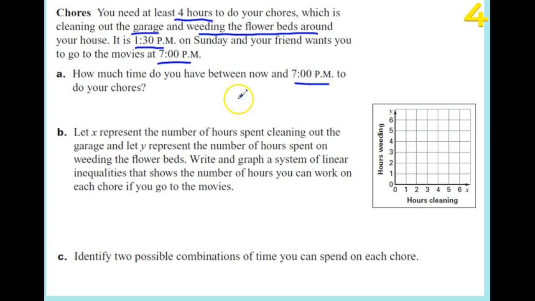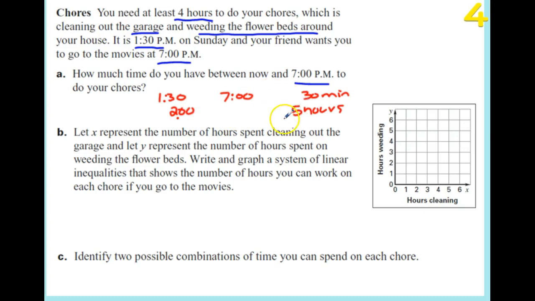to do your chores? Well, if you think about it, if it's 1:30 right now, and we have to get to 7 o'clock p.m., well, from 1:30 to 2 o'clock would be 30 minutes. And then from 2 to 7, the difference between those, if we just count, would be 5 hours. From 2 to 3 would be 1, from 3 to 4 would be 1, from 4 to 5, 5 to 6, and 6 to 7.